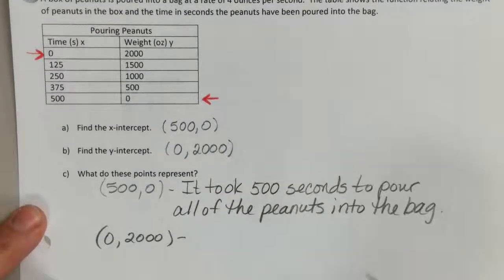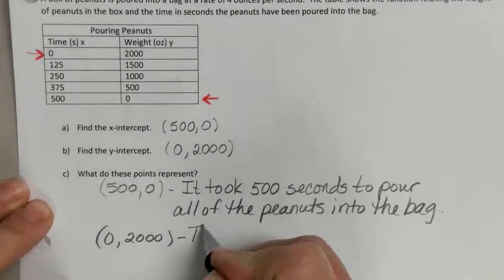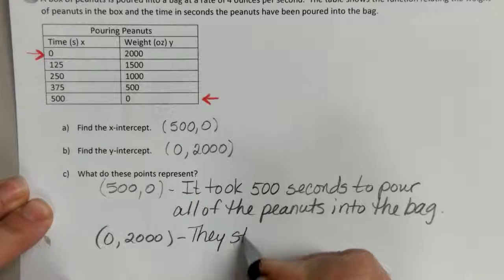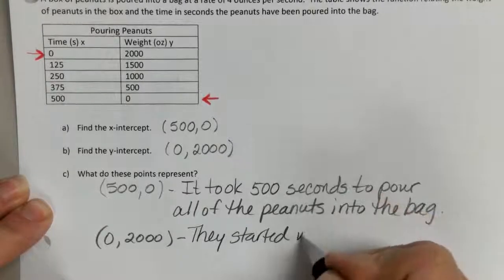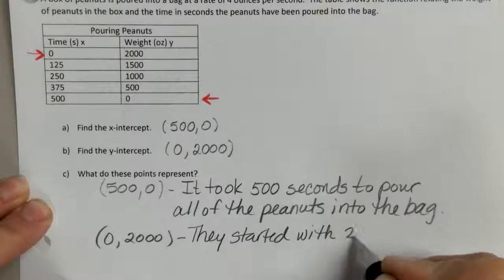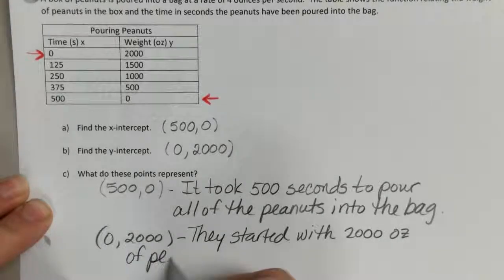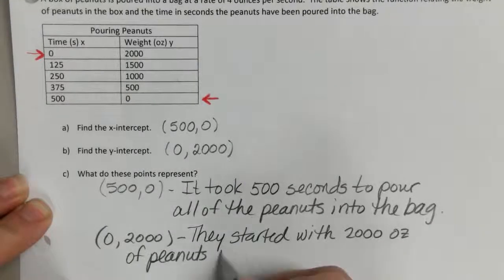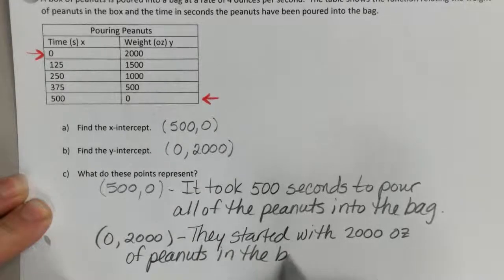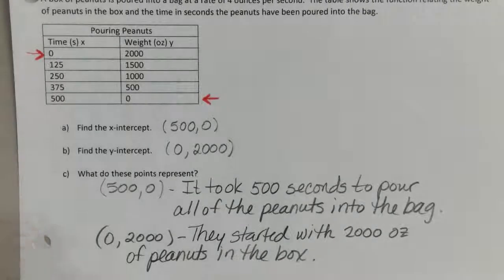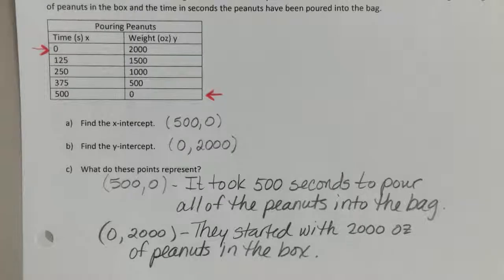So that means that they started with 2,000 ounces of peanuts in the box, because at 0 seconds, none had been poured out yet. So use the labels on your table to help you do the interpretation.